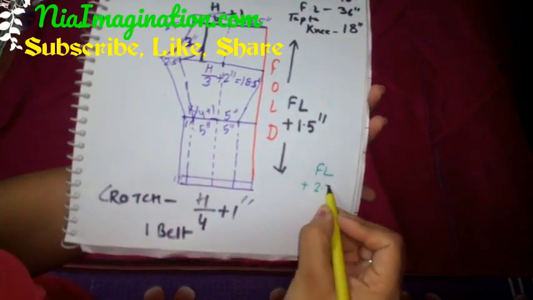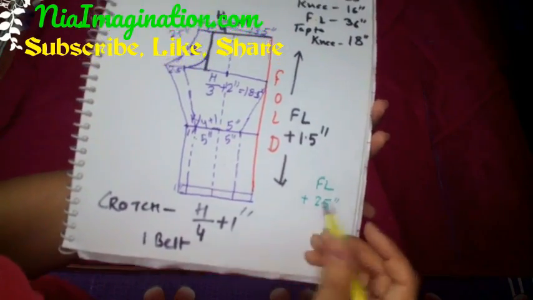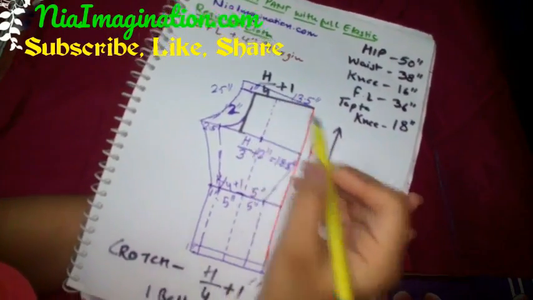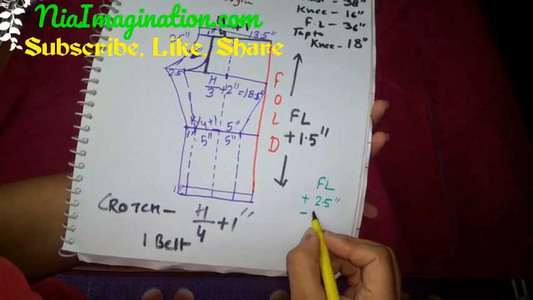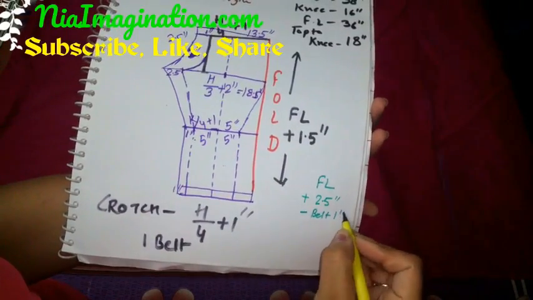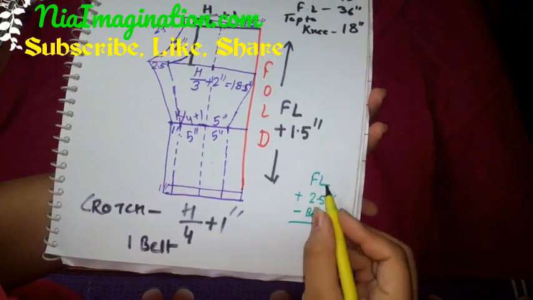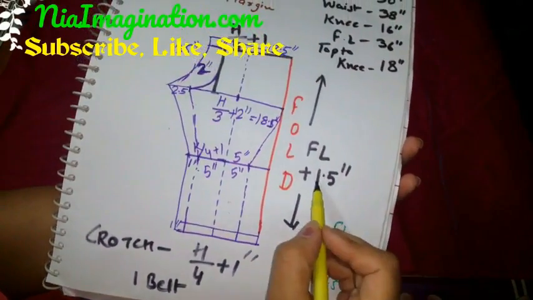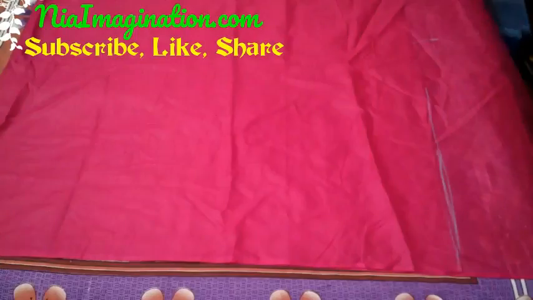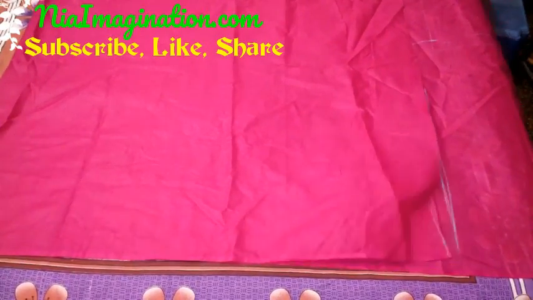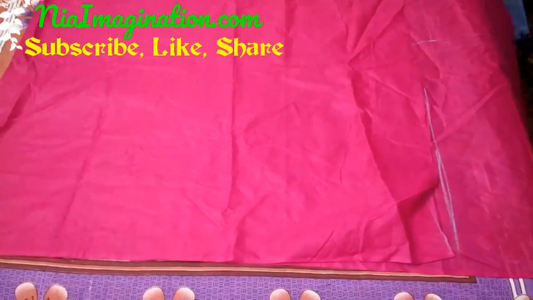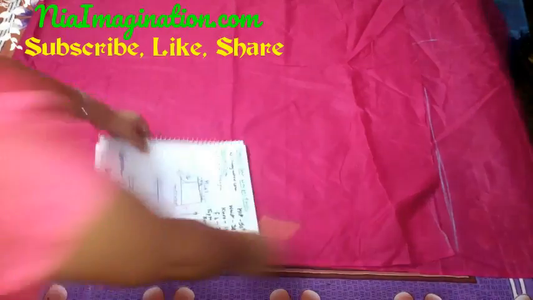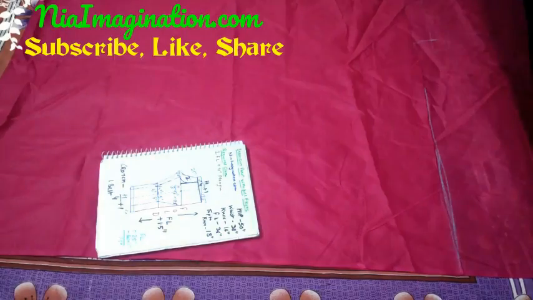So in total I will require 2.5 inch for margins, but in a pant on top you require 1 inch of belt. So you will subtract that belt, because we are going to apply that later on. So we will get 1.5 inch in this fashion, full length plus 1.5 inch. Okay, so this is the cloth for full length plus 1.5 inch, and you are going to measure all things like so. Keep your draft like so and measure as per your draft.